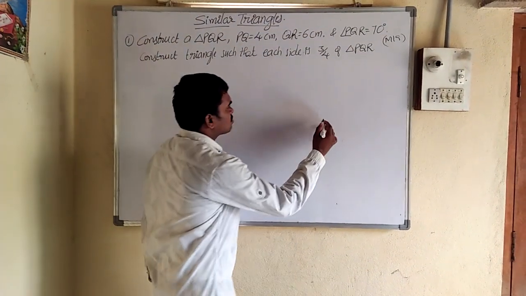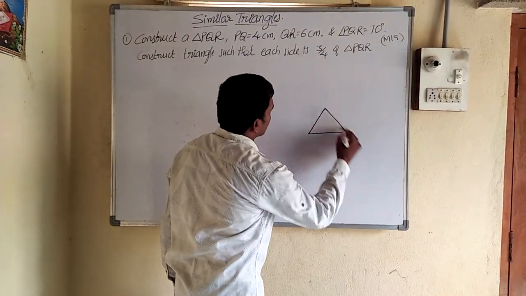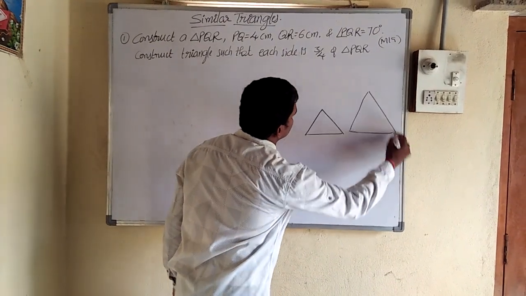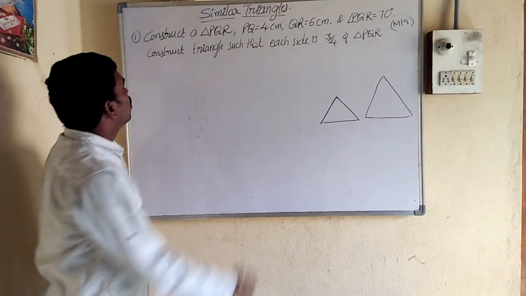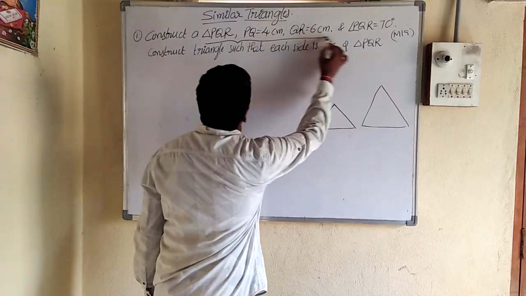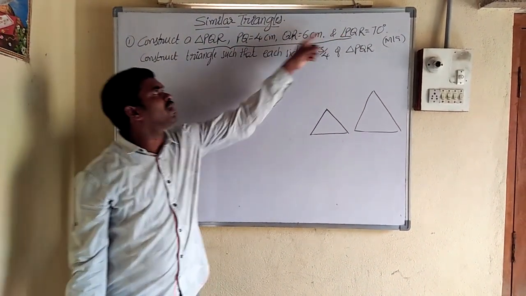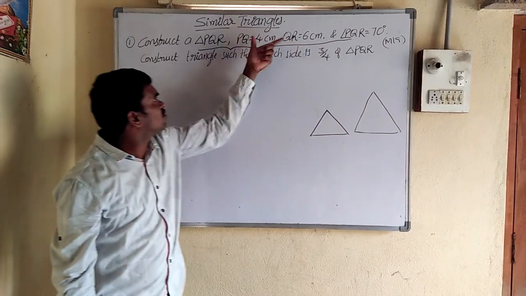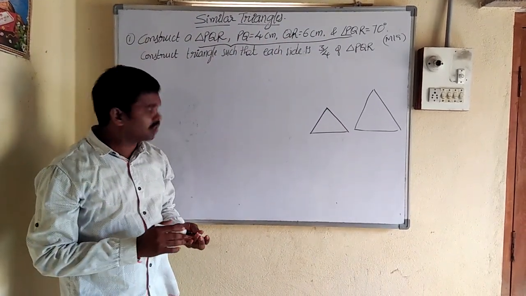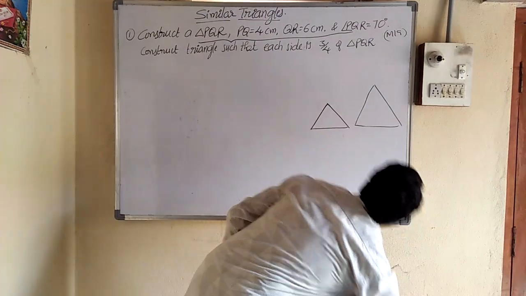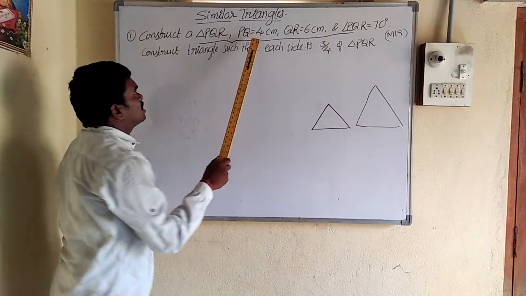Just now I said, if two triangles look the same, they are called similar triangles. One triangle is given, PQR, with some measurements. First of all, we have to construct this triangle based on the given information. So first I am drawing the triangle. What measurements are given?